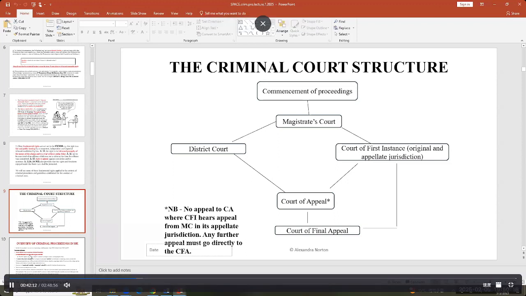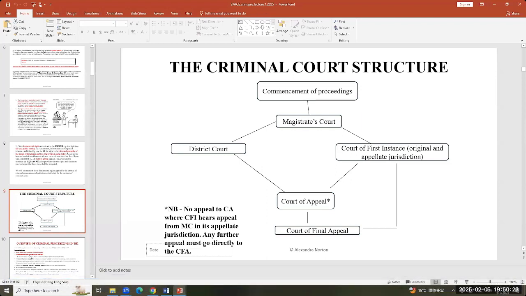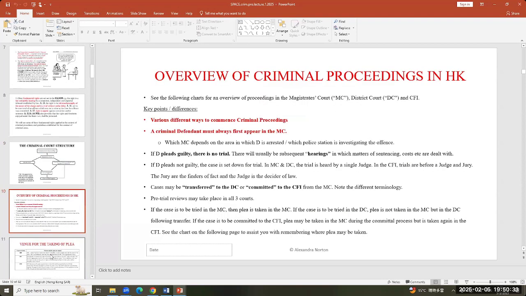If the Court of First Instance is sitting in its appellate jurisdiction, then any appeal from that decision has to go to the Court of Final Appeal. And we'll talk more about this when we get to lecture 6. In the next few charts, we're going to look at how the proceedings are slightly different in the 3 courts of original jurisdiction.